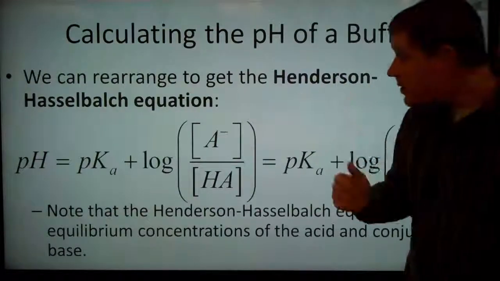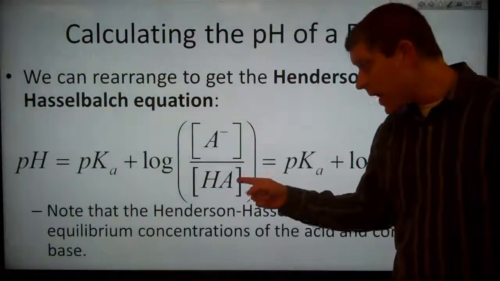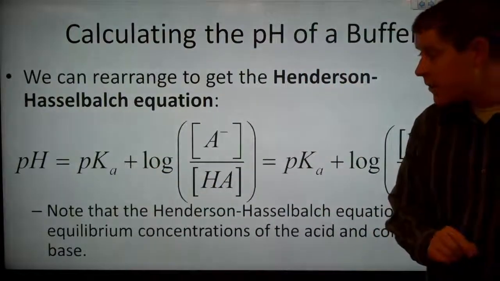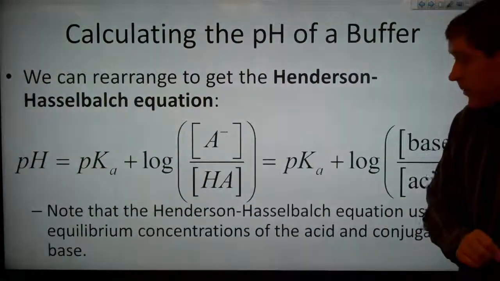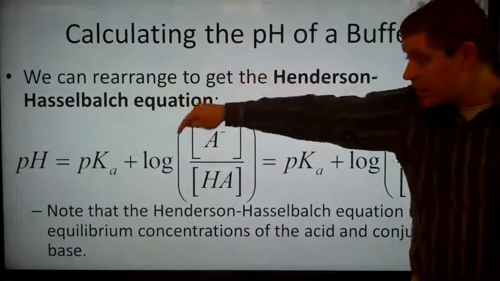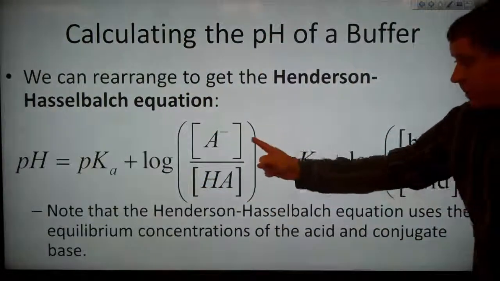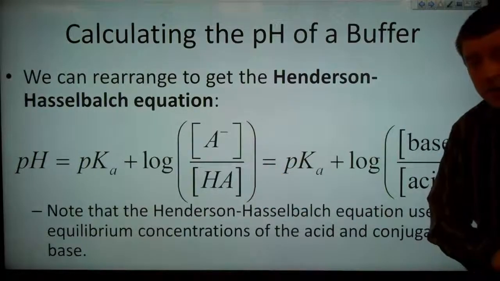And we can then rearrange that. Note that I've swapped the acid and base, and I've changed the sign there. So this is the Henderson-Hasselbalch equation. The pH is equal to pKa plus, not minus, plus log base 10 of the conjugate base concentration divided by the acid concentration.